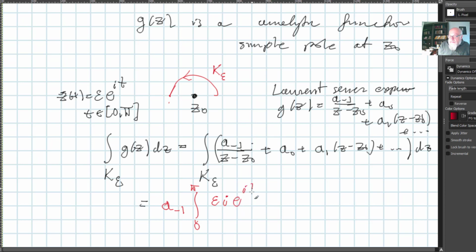Here I forgot, this one is not exact. Z of t is equal to epsilon e^(it), so that one will be e^(it), and in the bottom minus, so this will be epsilon e^(it) dt. So that's the first one.